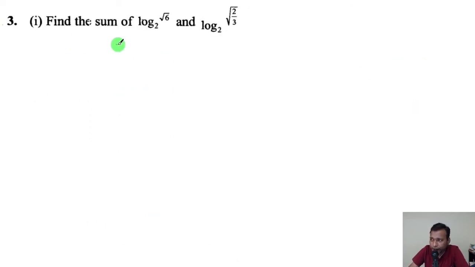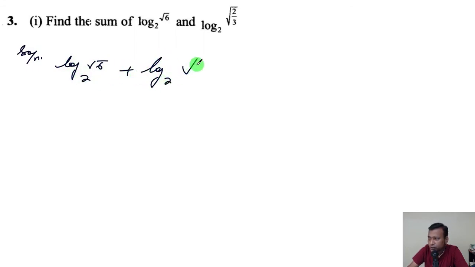We have to find the sum of log root 6 to the base 2 and log root 2 by 3 to the base 2. So let's write log root 6 to the base 2 plus log root 2 by 3 to the base 2.